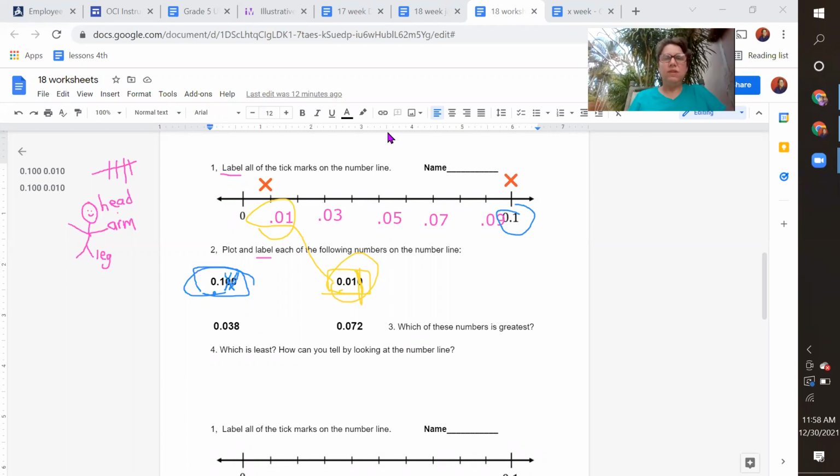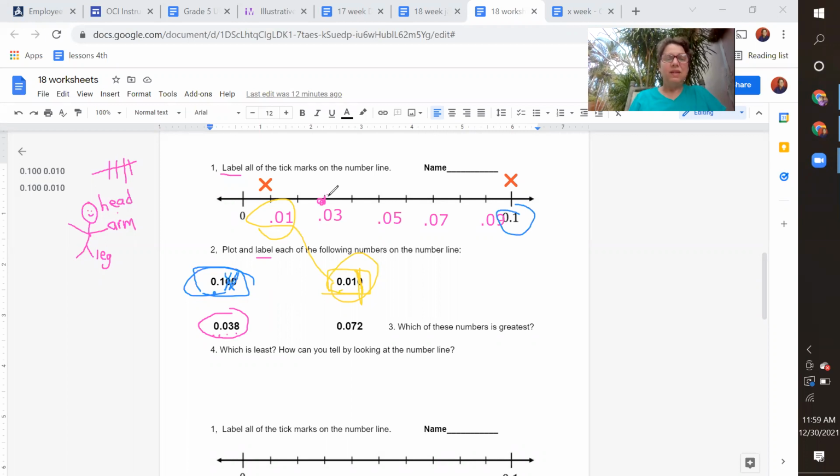Next one, getting a little more difficult. Which color should that one be? Let's make it pink. So here we have 0.38. Here's my 0.3, but I need 8. So I have to divide this up in 10. It's always 10.